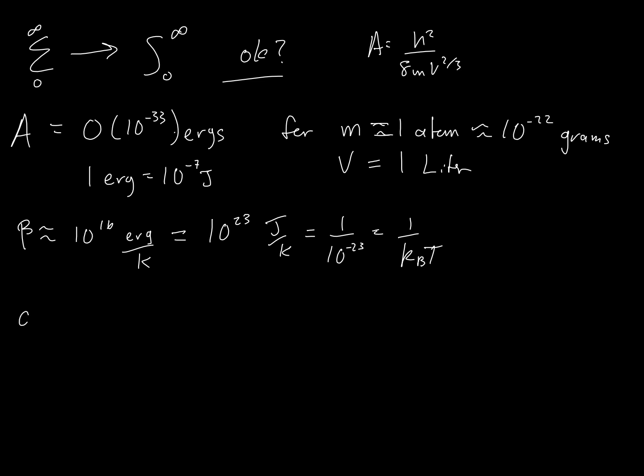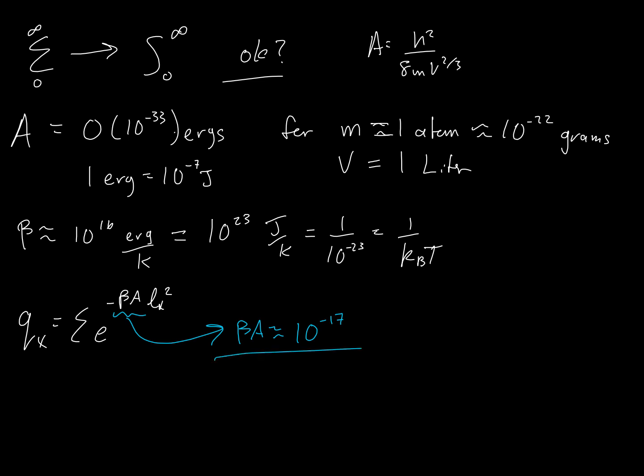So if we were to look at one of our partition functions, let's say the x translational mode, this quantity of beta times A is about 10 to the minus 17.